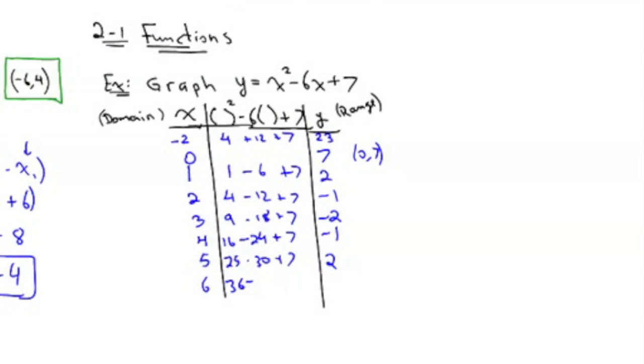Minus 36. Plus 7. So we get back to 7. And if you look at this, it goes 7 to negative 1, negative 2, negative 1 to 7. They kind of go down and then they come back up. So that's the pattern I'm looking for. So if we graph it, we get something that looks like this.